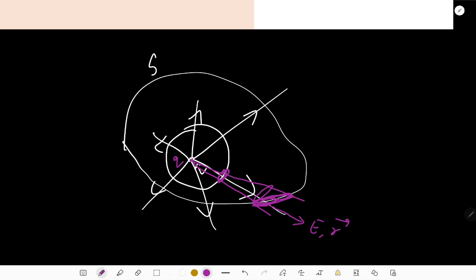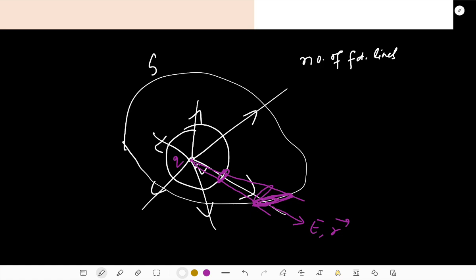And if you like to write, you can write the very basic idea of flux, like the flow of electric field, the number of field lines coming out of a surface, whether the surface is closed or open.